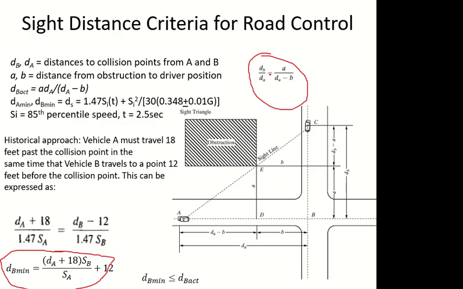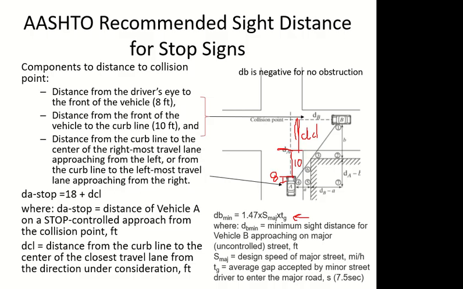Okay, so available distance can be checked against the side distance. It can be checked against this empirical ratio with safety distances, or if you have a stop sign, then it can be checked against this thing as well.